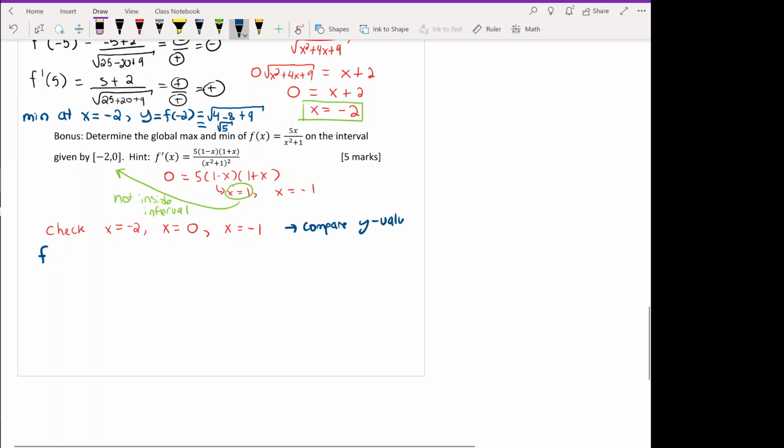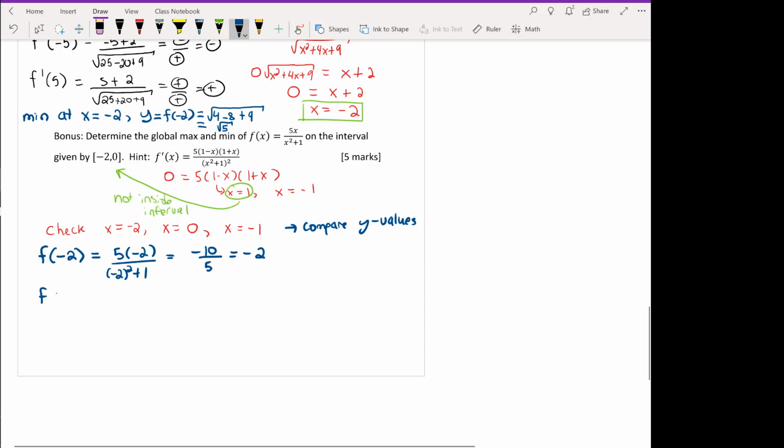at these x values. So to get the y values, we plug them into the original function, f evaluated at -2. That's going to be 5 times -2 divided by -2 squared plus 1. That'll be -10 over 4 plus 1, -10 over 5, which is -2.